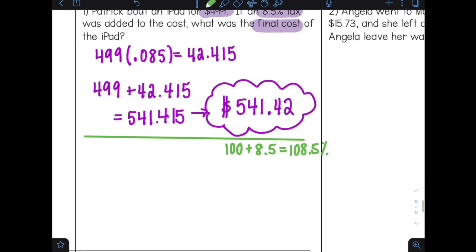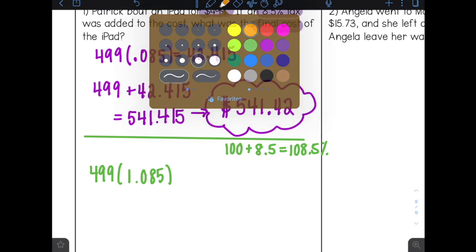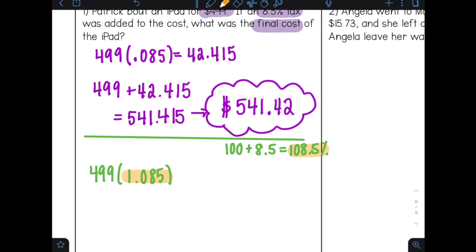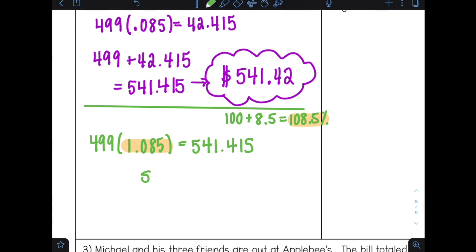So instead of having your 0.085, you're going to write $499 times 1.085, because you're using this as your percent. You're going to get the total, 541.415, and that gives you the total automatically. So you know again that your total for the iPad would be $541.42.